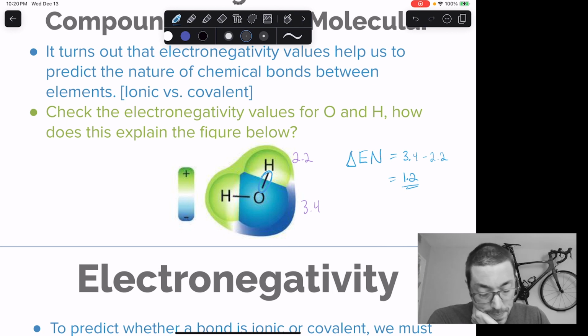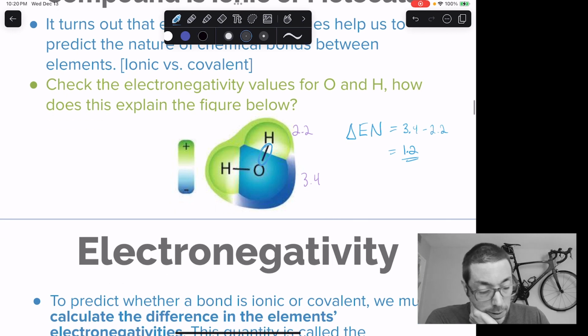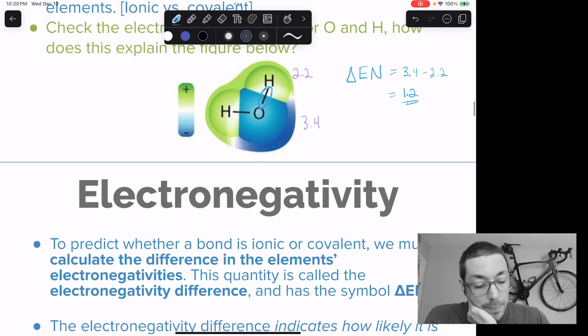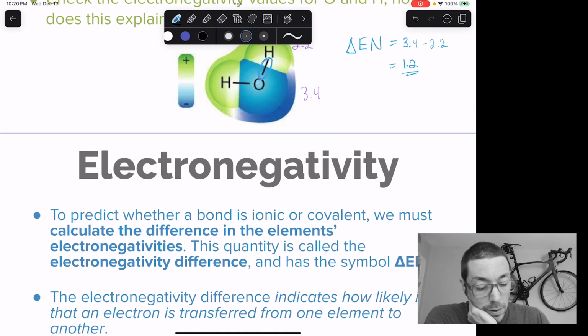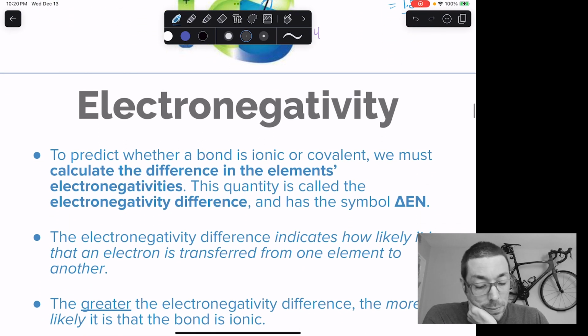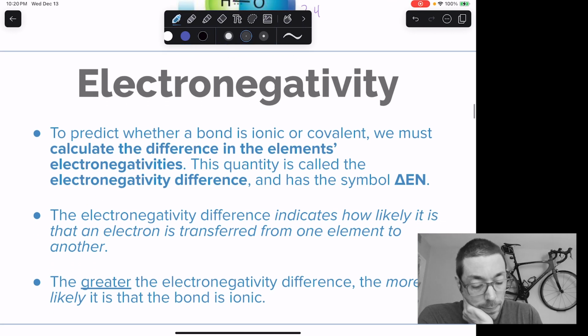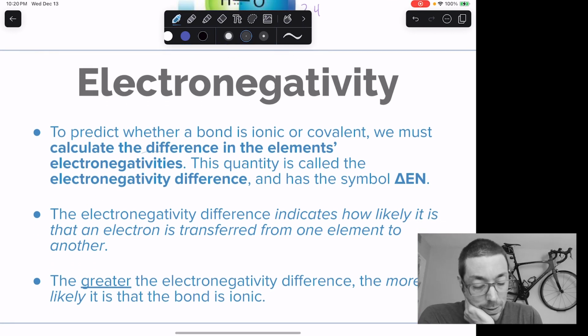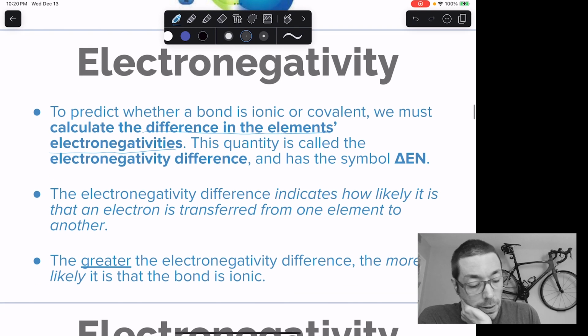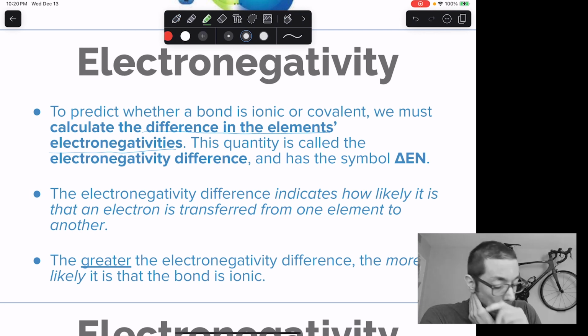And let's keep that in mind as we go to the next slide. To predict if a bond is ionic or covalent, we have to calculate the difference in the elements' electronegativities. So we just did that. This is called the electronegativity difference, and it has this symbol here, delta EN.